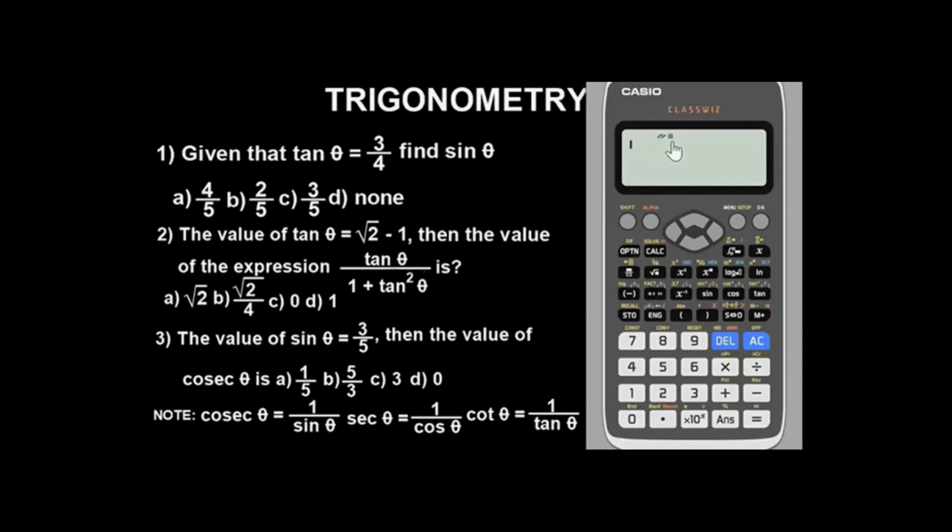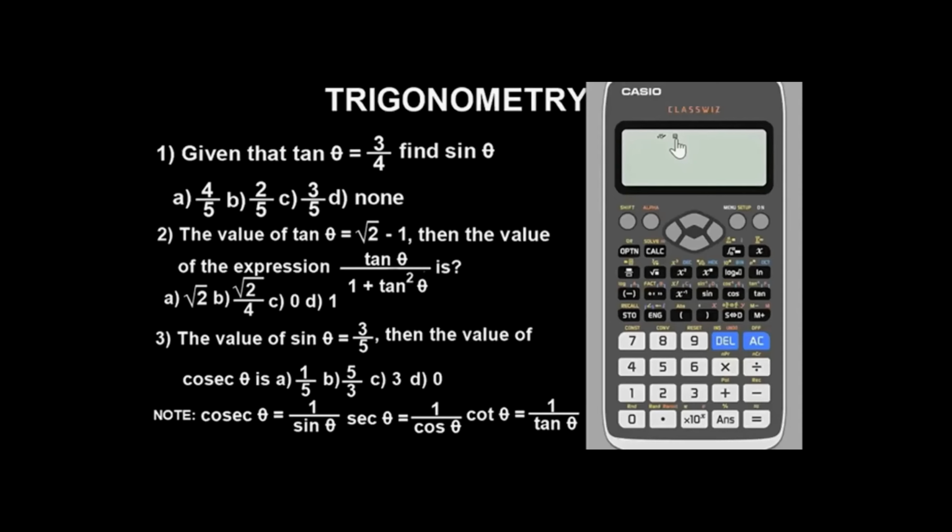To move it from degree to radian, you simply press shift, the setup button, then angle unit, press option 2. Radian is option 2, guys. You see the capital letter R here, which has changed from capital letter D to capital letter R. So having done this, we are in a good position now to begin to solve the questions we have here with the Casio calculator.